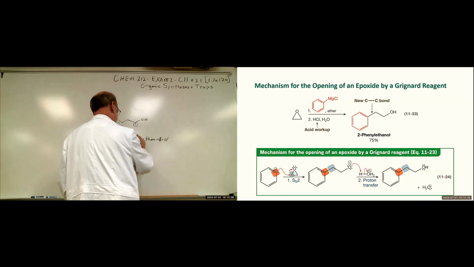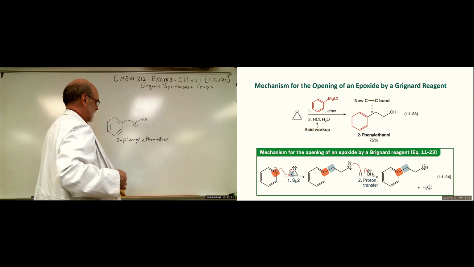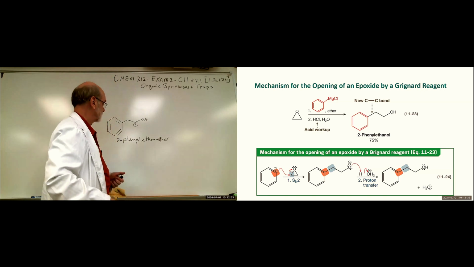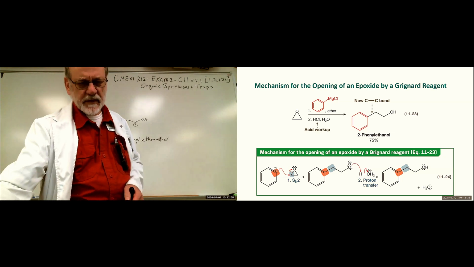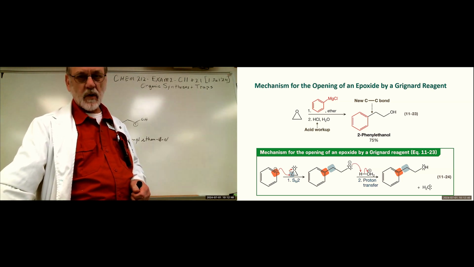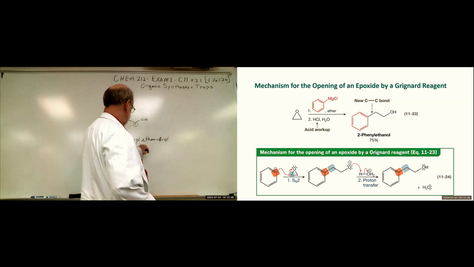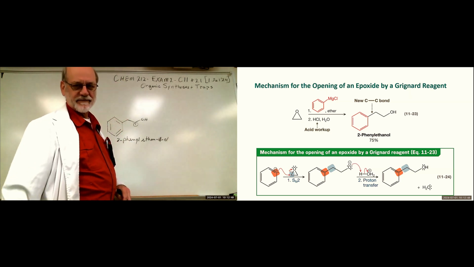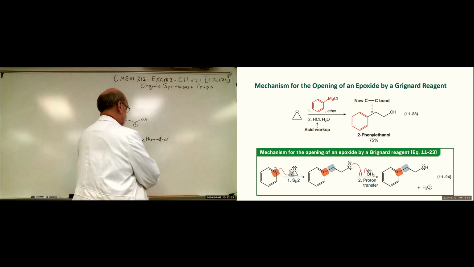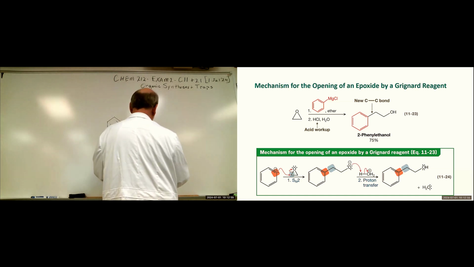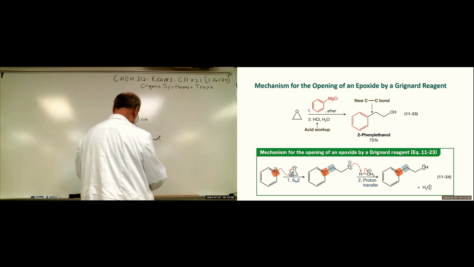That's what I would name it. They just don't have the one in there. They have it all written out together: 2-phenylethanol. I guess if you don't put the one in there, then it's automatically on the one carbon.